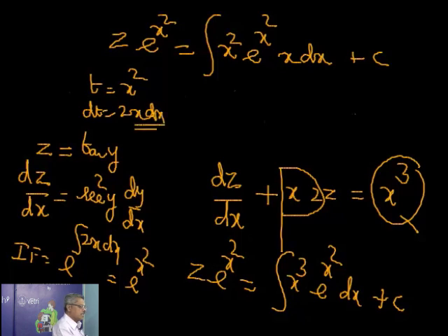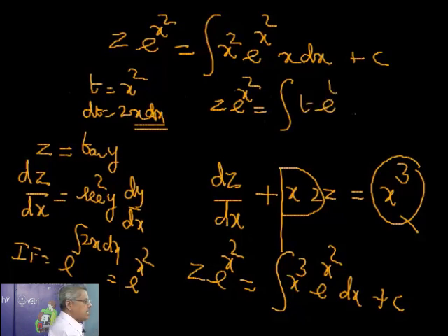Therefore, x dx is dt by 2. Therefore, z e power x square is integral x square is t, e power x square is e power t, x dx is dt by 2. That half I am taking outside the integral sign, because a constant can be taken outside the integral sign.